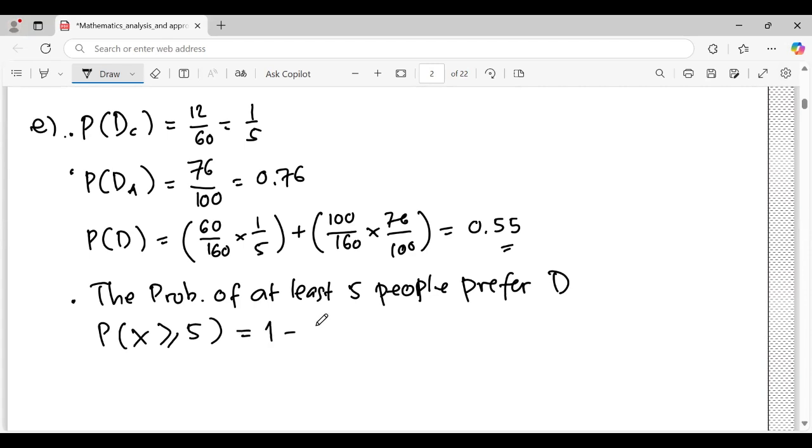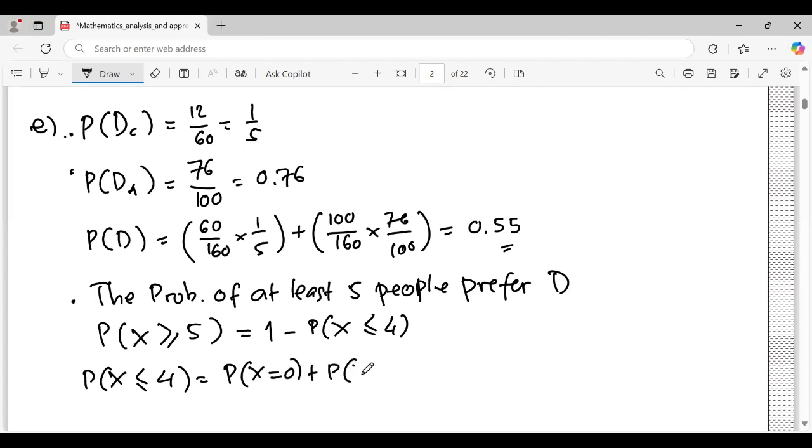We can state it as 1 minus the probability of x less than or equal to 4. This probability of x less than or equal to 4 is the probability of x equals 0 plus x equals 1 plus x equals 2 plus x equals 3 plus x equals 4.